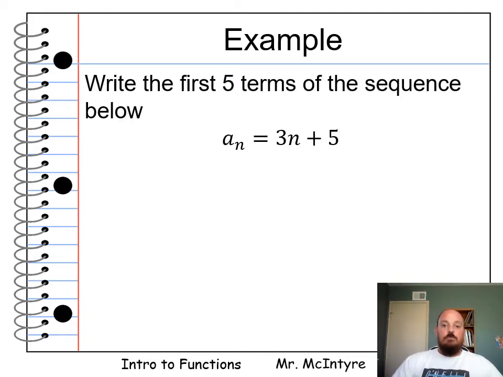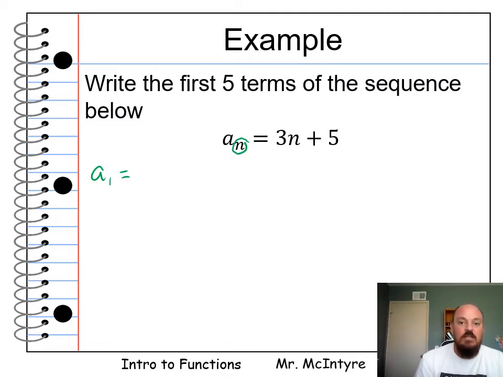So let's start with an example. Let's use that same formula I just gave you, AN equals 3n plus 5, and let's write the first 5 terms of the sequence below. So I'm going to find, actually not all 5 of them, you'll see what I'm going to do. But let's find A1 first. Now remember, whatever number is here, I substitute for n here.